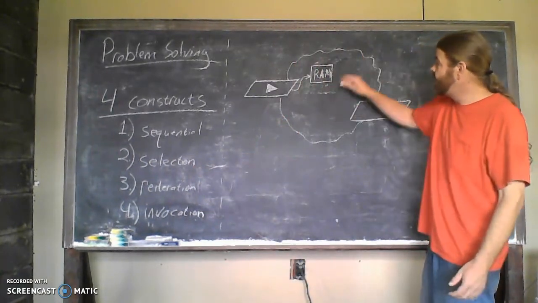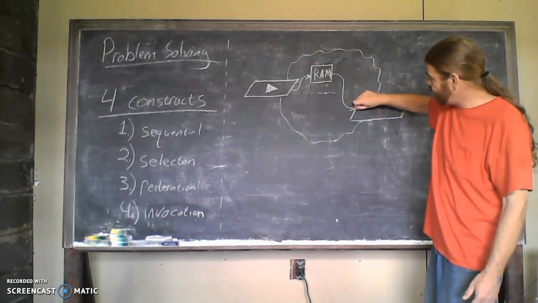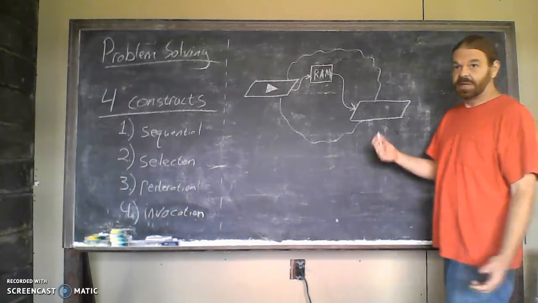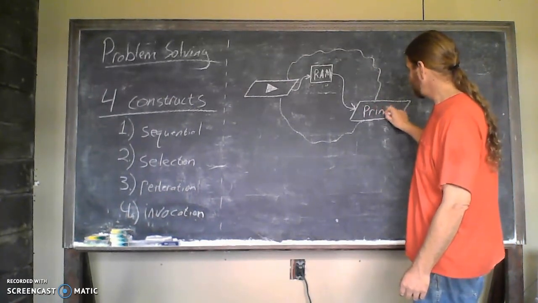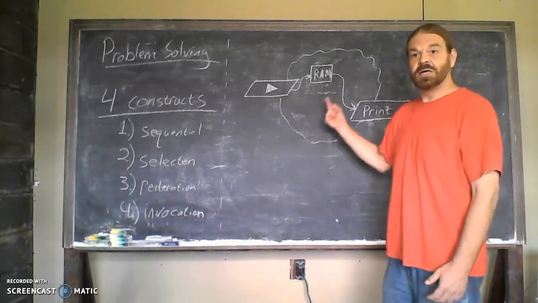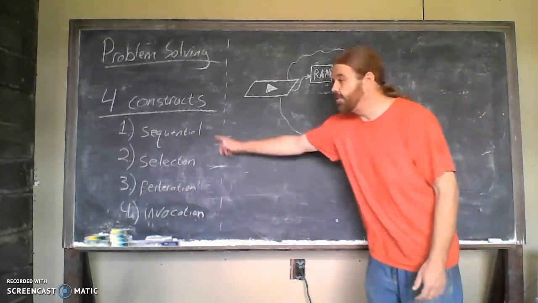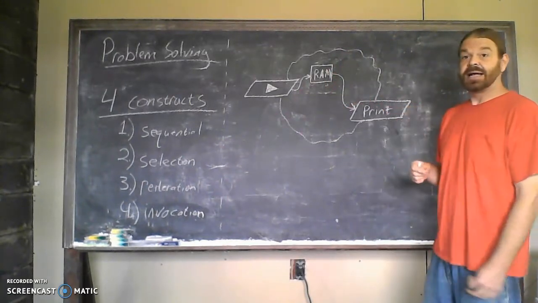We got all that set up. Then our sequence continued to the output, which in that first example just printed to the screen. But that was our first little program there, and this is how the 4 constructs relate as we analyze that.